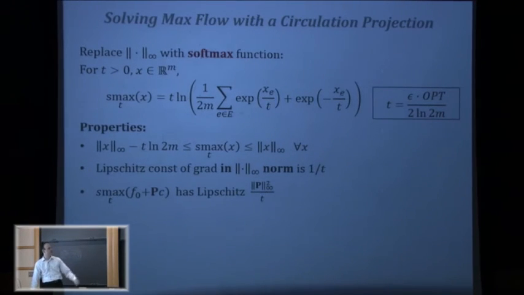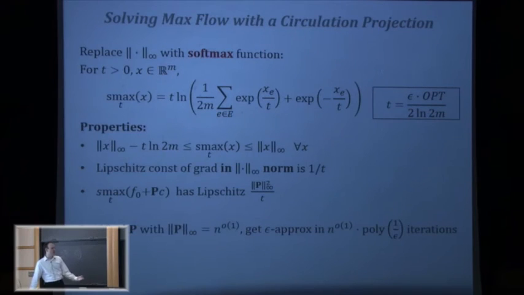Then if you use the previous line, you can compute this. And so the Lipschitz constant of the gradient of our function, f0 plus pc, is 1 over t from that, and then the numerator is this P infinity squared. So our goal is to find something with small P infinity, and then we're in good shape.